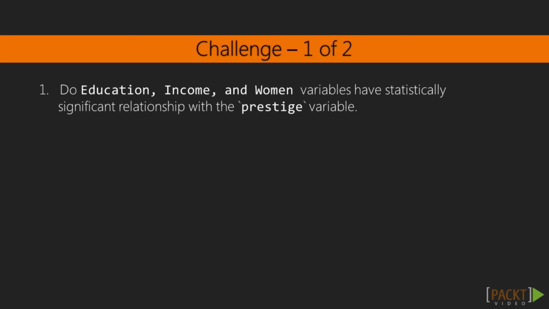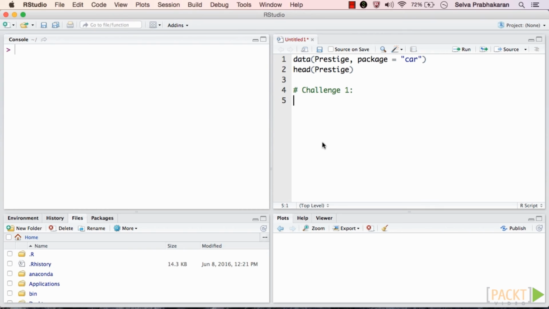Here's our first challenge. Do education, income, and women variables have a statistically significant relationship with the prestige variable? Alright, let's begin the first question. Since both variables are numeric, we use the cor.test function that gives both correlation and the p-values.